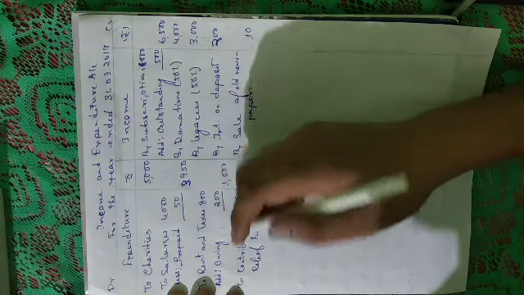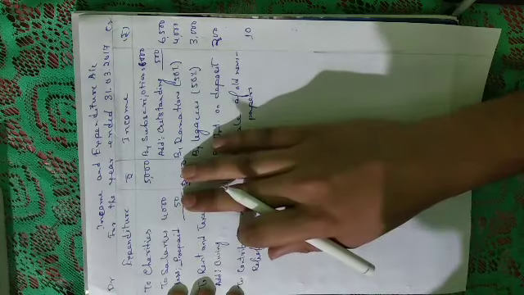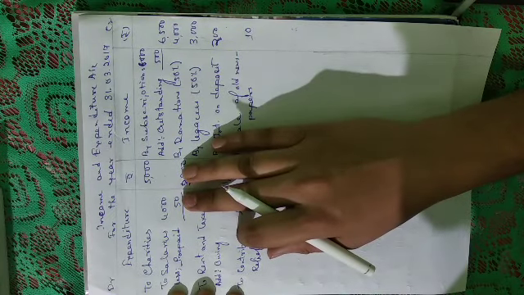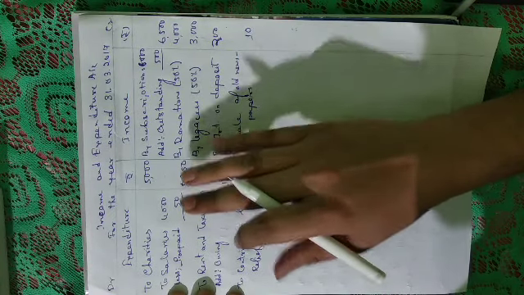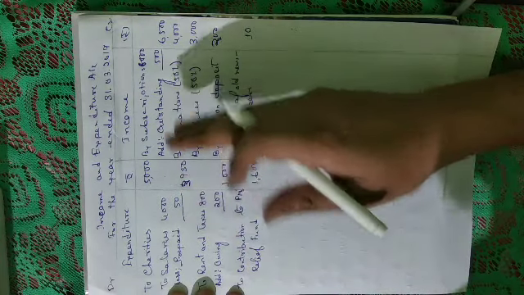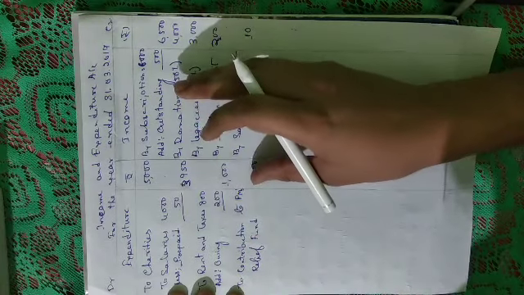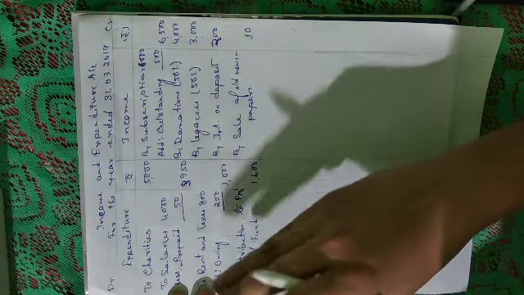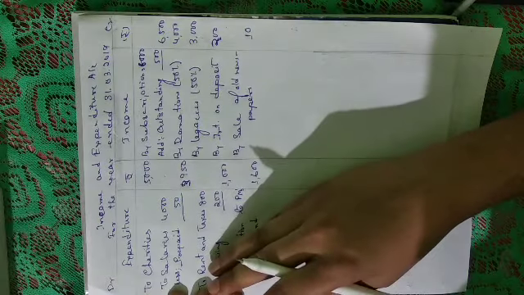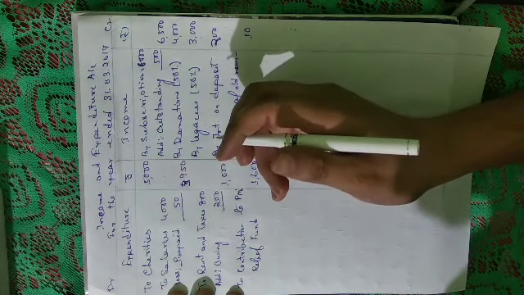Next, endowment fund, as I told earlier, is capital in nature. Payment of outstanding expenses means we are paying for last year, so it is not relating to the current year.